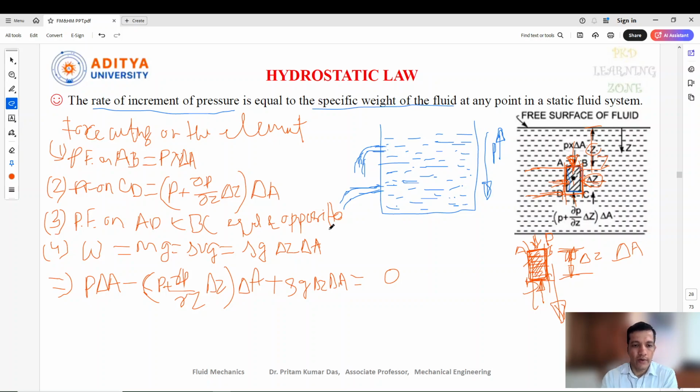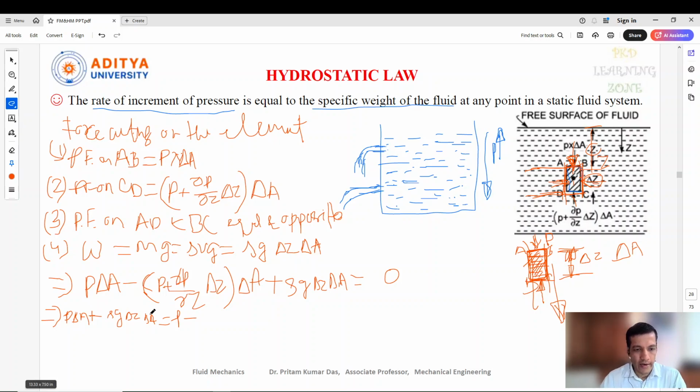So here what we can do, we'll take this minus term to the other side, and the remaining terms we'll keep on one side. So that means P delta A plus rho G delta Z delta A equal to P. Okay, here we can do one thing.